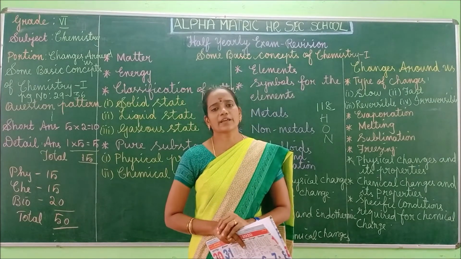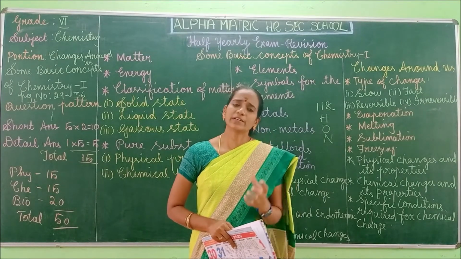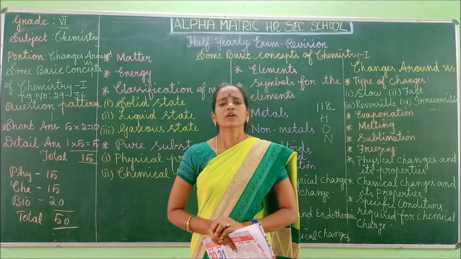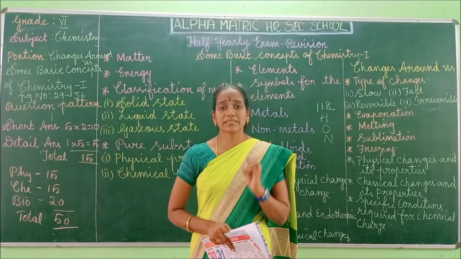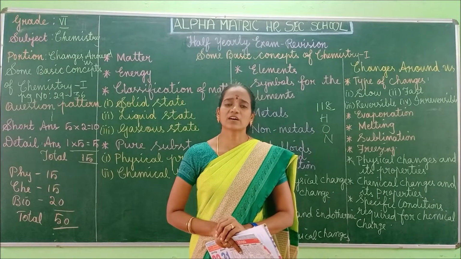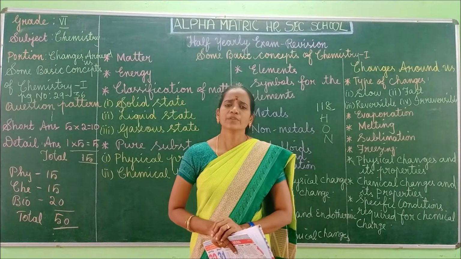Next, what can we write? Metals have high density. Metals have high melting point and boiling point. Metals conduct heat and electricity. And metals are malleable in nature. What do you mean by malleable?